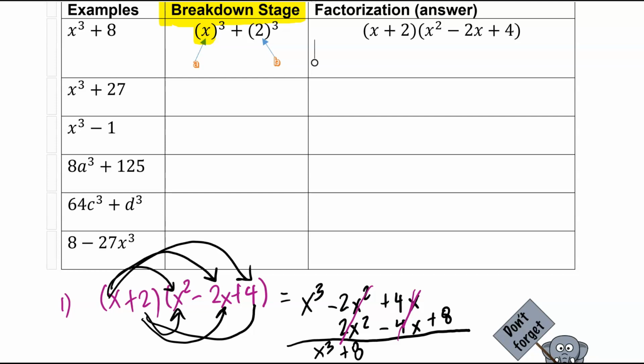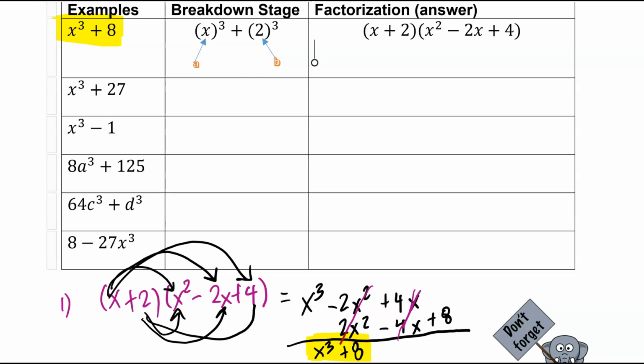This checks out because this is what we factored, x cubed plus 8 in number 1. So that's proof that x plus 2 times x squared minus 2x plus 4 is indeed the correct answer.